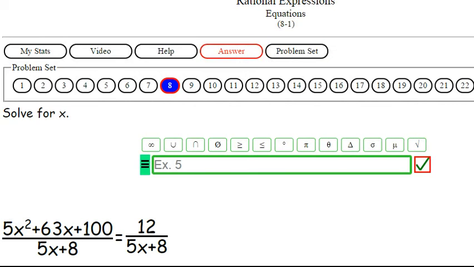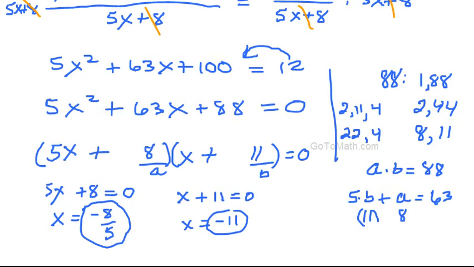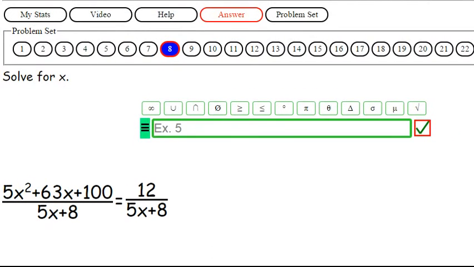Man, that was a hairy one. What did we say again? Negative 11 and negative 8/5. Ooh, negative 8 over 5 gives us 0 here, and that wouldn't actually be a solution, so I forgot about that.